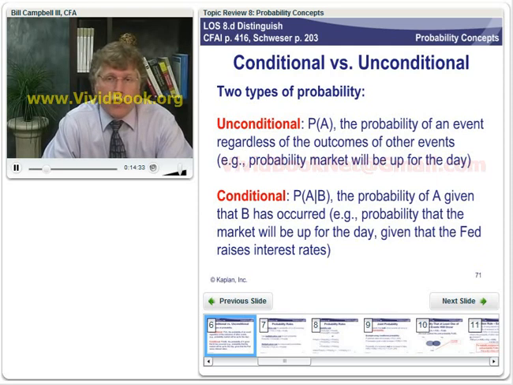The way that you read this notation, P(A|B), is the probability of A given B. That's the probability that A happens given that we know B happens. For example, the probability that the market will be up for the day, that's the same as the A we had up above, given that the Fed raises interest rates. Well, knowing that the Fed raised interest rates probably will change our expectation of whether the market would be up or not.